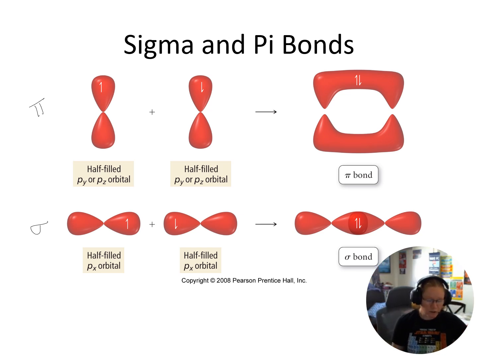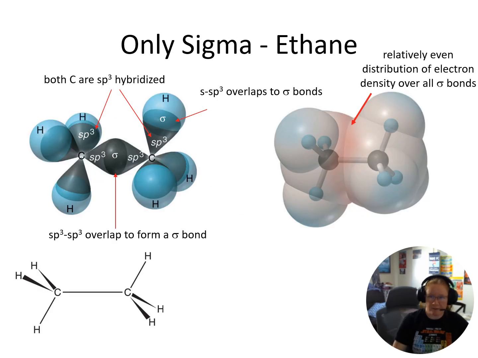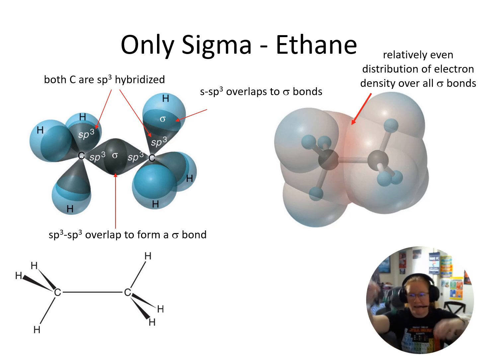All right, so when we look at something with only sigma bonds, something like ethane, everything has a single bond here. Now this isn't quite ethane because I've got some green stuff on here. If this were ethane, everything would be a white ball with hydrogen. But I've got single bonds here, and I've got nice free rotation around that bond.